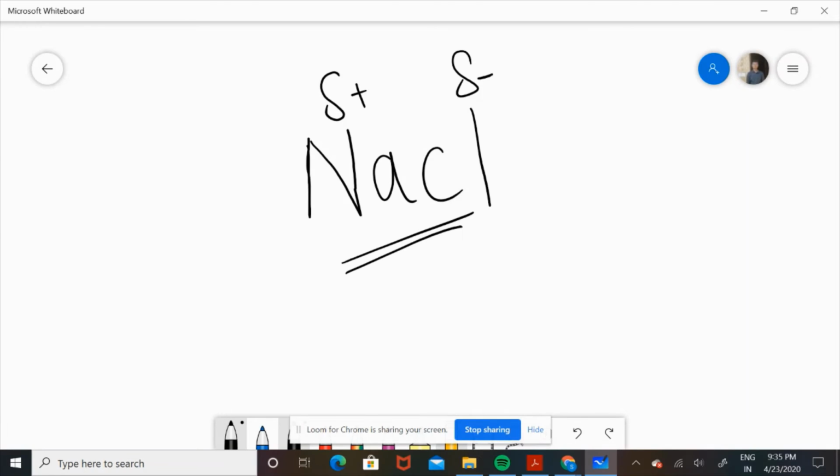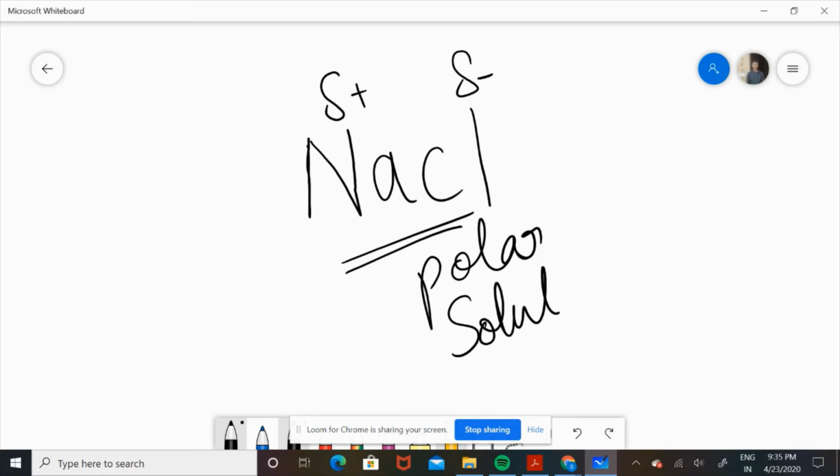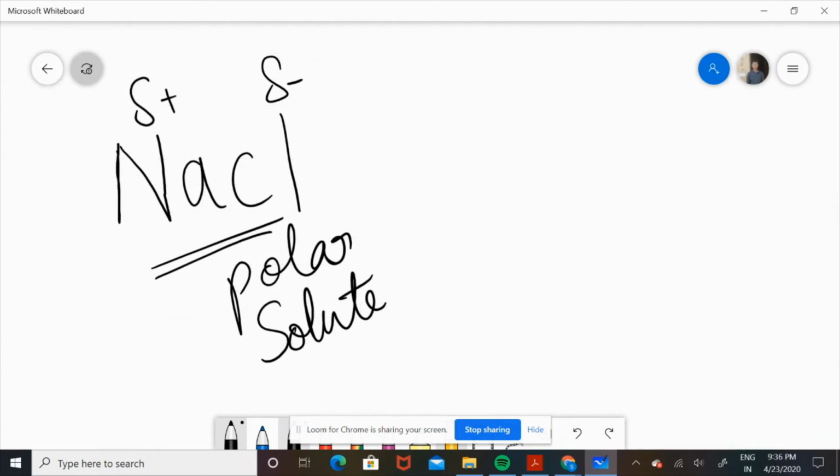So this is called polar. If it is a polar solute, it will get attracted toward a polar solvent. What is a solvent? Always keep this in mind: the solvent will be in larger quantity and the solute will be in small quantity.